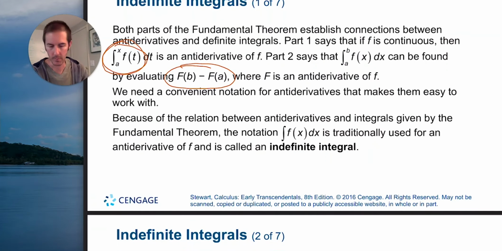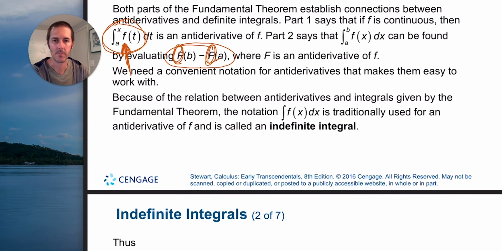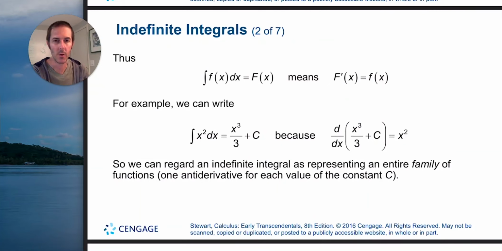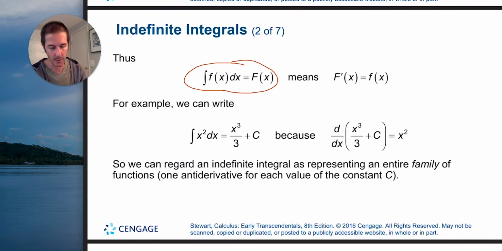Lowercase f is the given function in here, and then when we see the capital F here, that is the antiderivative. So this is a recap of something that we know already, that the integral of lowercase f equals a new function, capital F, and inversely, if you then took the derivative of capital F, it would lead you back to the original function, lowercase f.